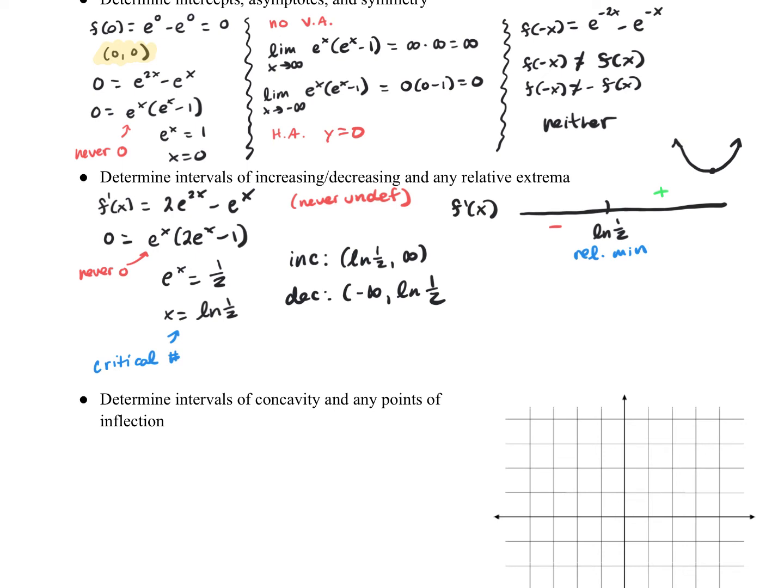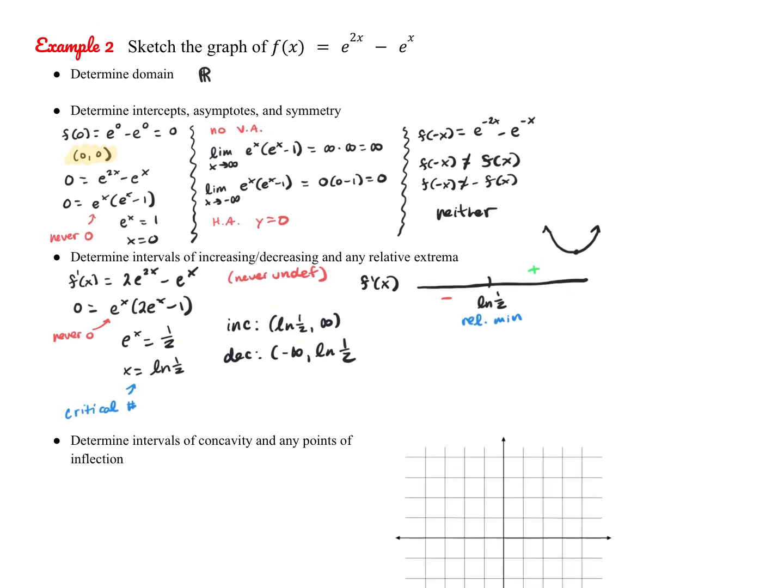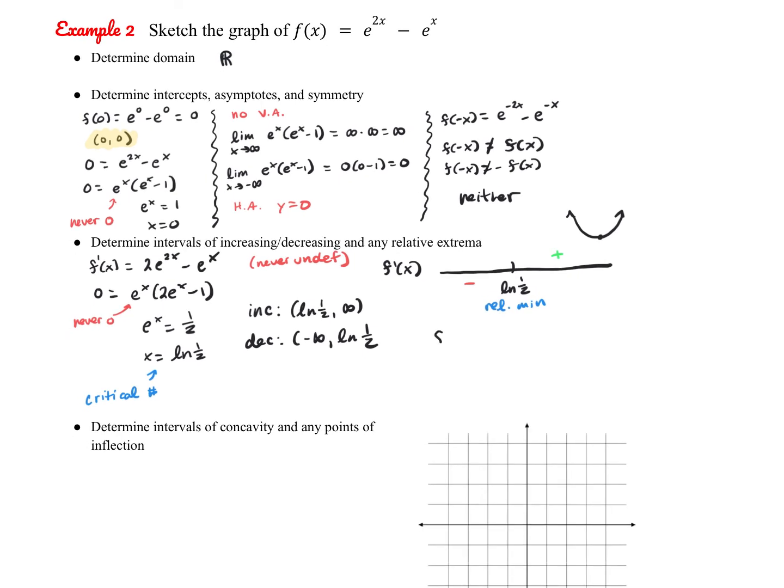So we do need to substitute natural log of 1/2 into our original function. So remember, our original function is e to the 2x minus e to the x. So we'll find f of natural log of 1/2. So we have e to the power of 2 natural log of 1/2 minus e to the natural log of 1/2.